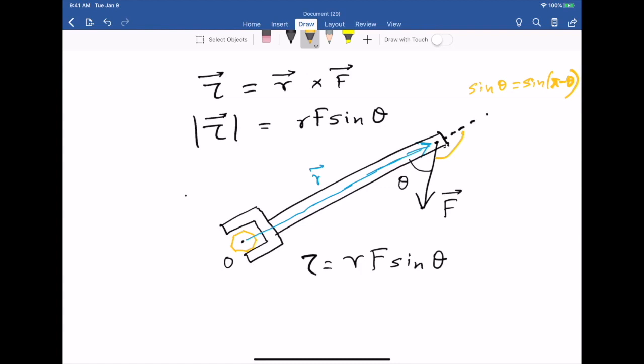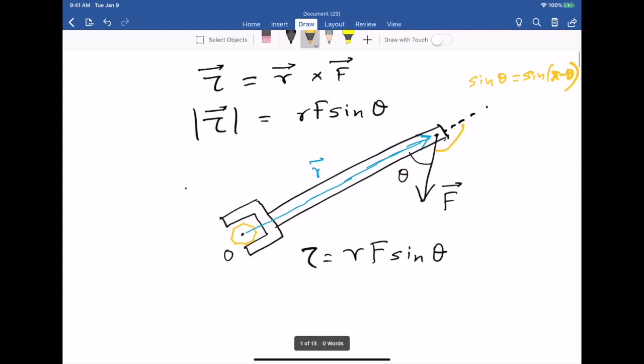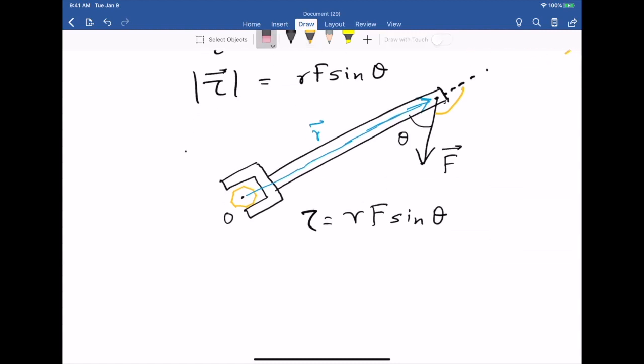Okay. Now, this formula can be written in a slightly different way. Suppose I make this geometric construction, and for that, let me just remove this RF sine theta from here.